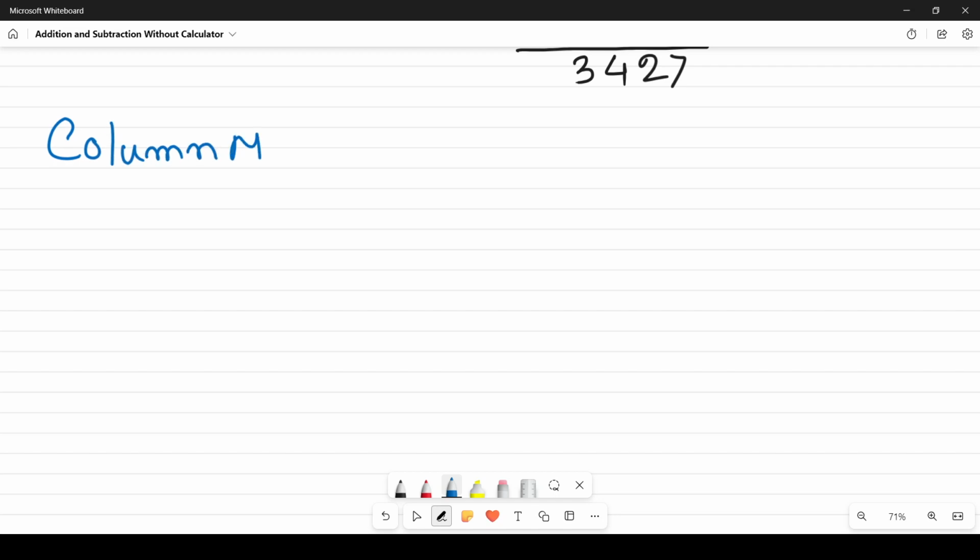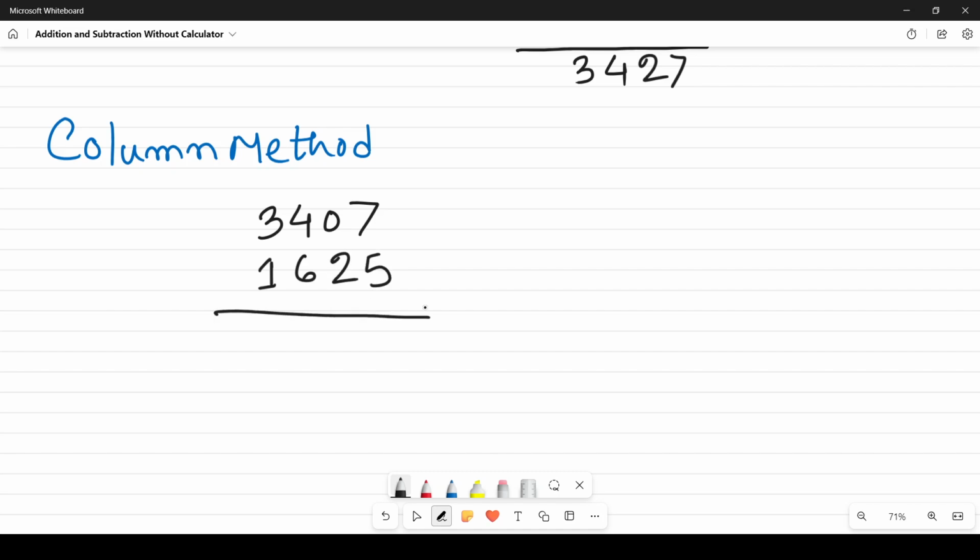Let's say we want to add two numbers, 3407 with 1625. In the column method we do it like this.